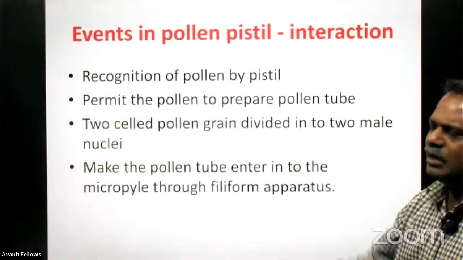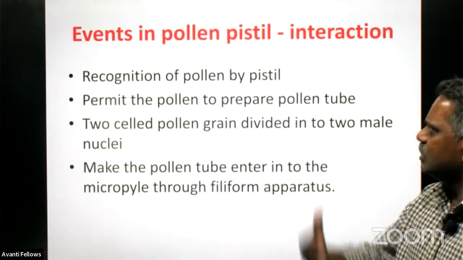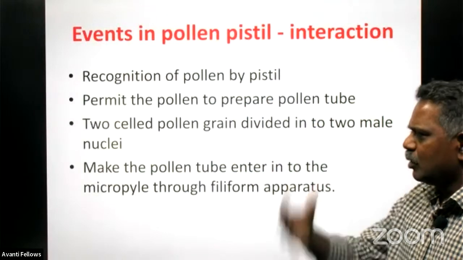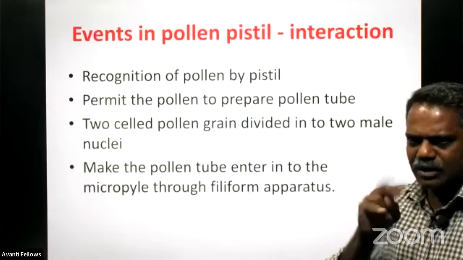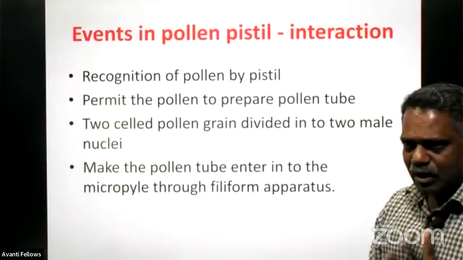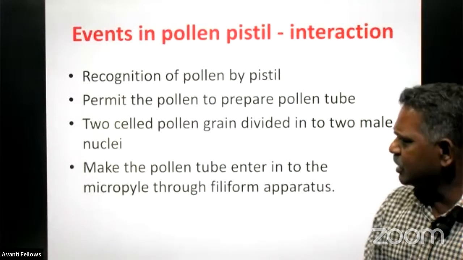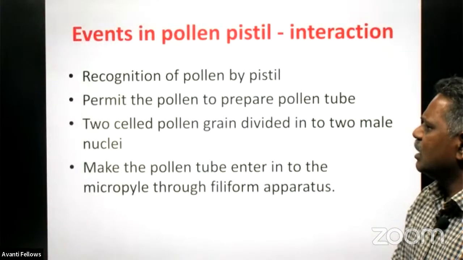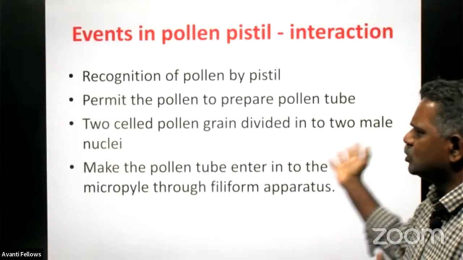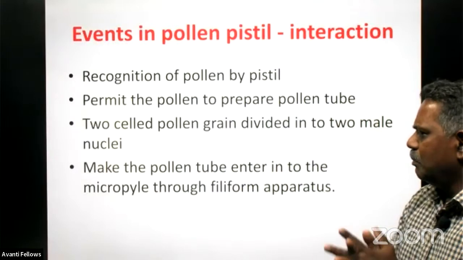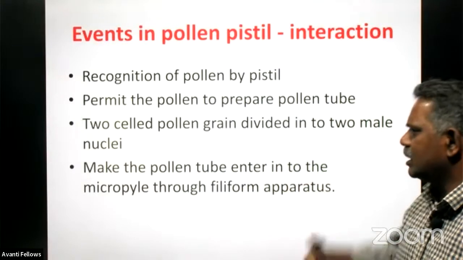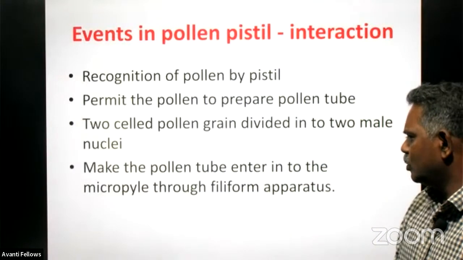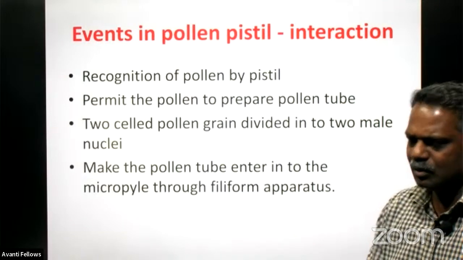We will see the details of the events happening during pollen tube formation. There are two cells present in the pollen grain, as you may remember: the vegetative cell and the generative cell. The generative cell divides and produces two male nuclei, and the pollen tube enters the micropyle through the filiform apparatus.